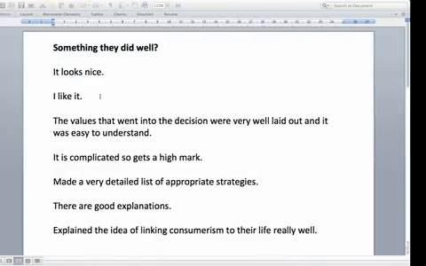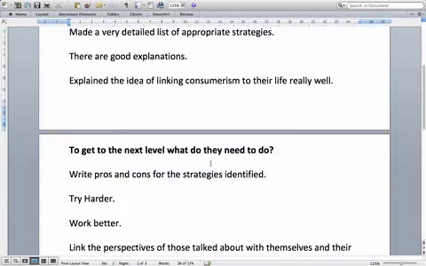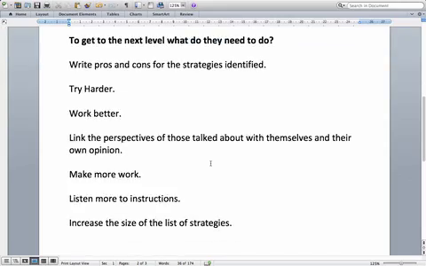Okay. So let's have a look at the next question. To get to the next level, what do they need to do? Same thing. Which answers here, which feedback here is quality? And which ones are basic? Because I'm aiming for quality.